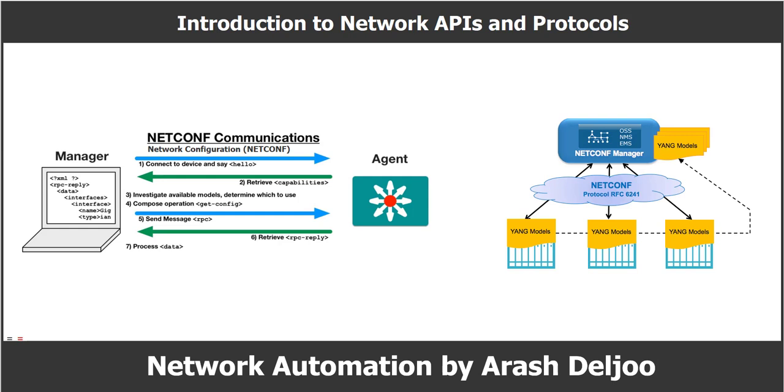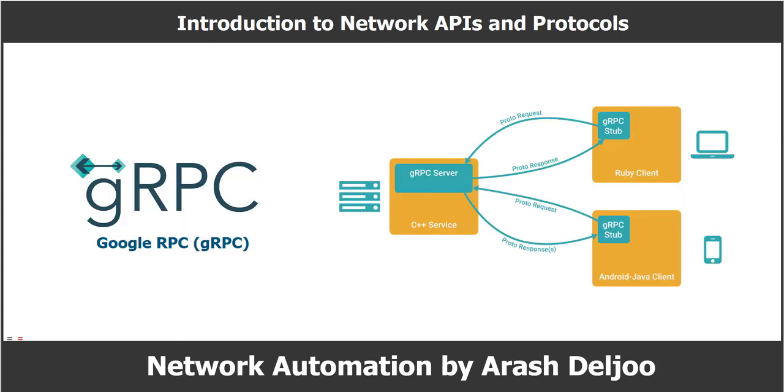Also, we know about NETCONF. You know that the Network Configuration Protocol, or NETCONF, which was standardized in 2006, leverages SSH and XML-based encoding. NETCONF defines the transport and communication protocol and uses Yang for data. Google RPC, or gRPC, provides a general open source framework.